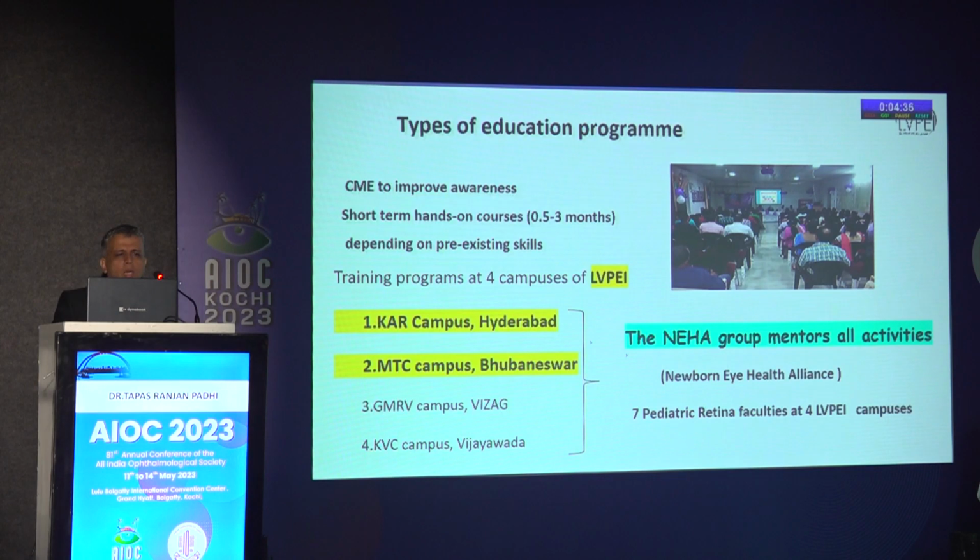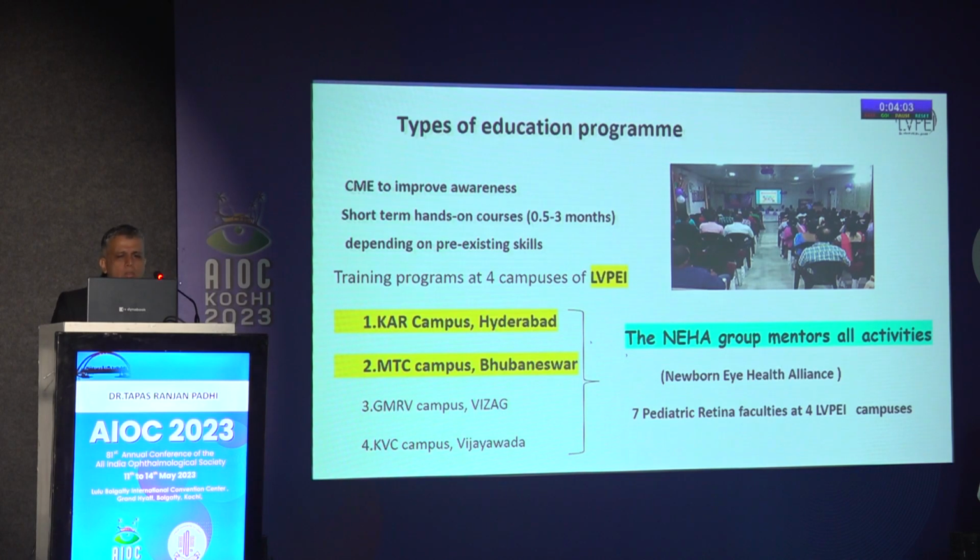In brief, the type of education program and its duration depend upon the pre-existing skill, such as indirect ophthalmoscopy, handling and examining the babies, and indirect laser in adults and laser in babies. Accordingly, the duration of the program is fixed.